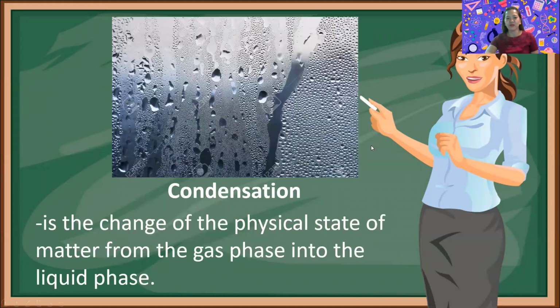Okay, guys, start with condensation. It is the change of the physical state of matter from the gas phase into the liquid phase. Do you know how it does? I'll give you an example. When you're cooking and the water is boiling, that's the start of the process of condensation.